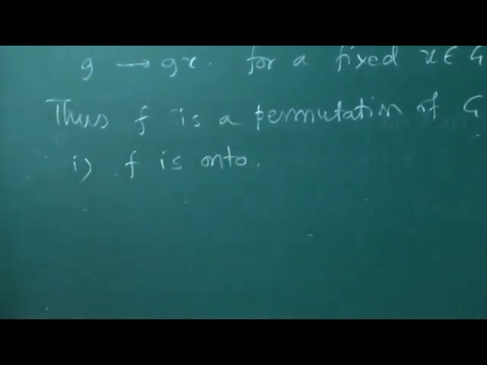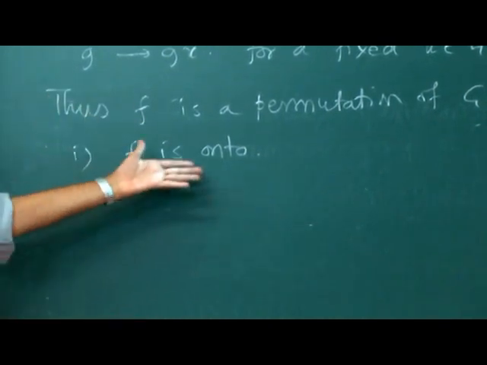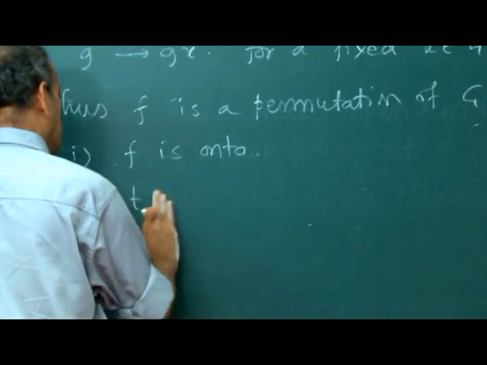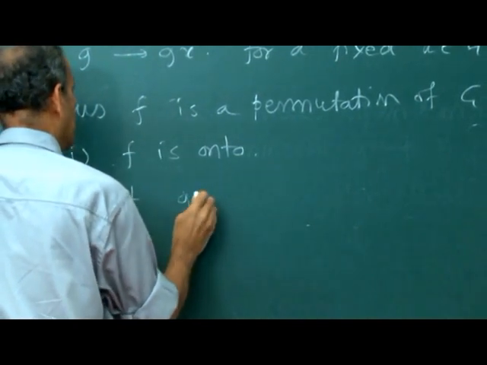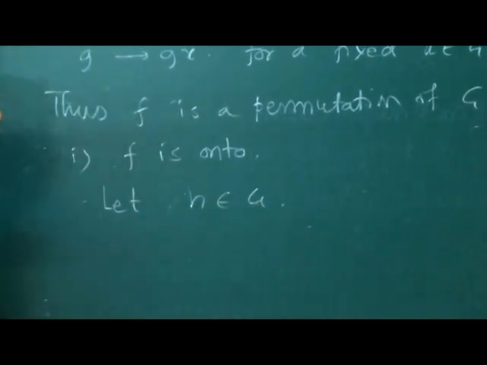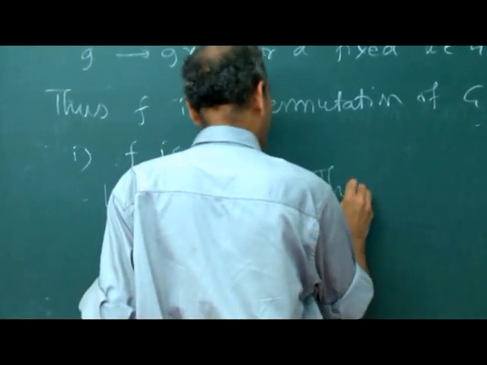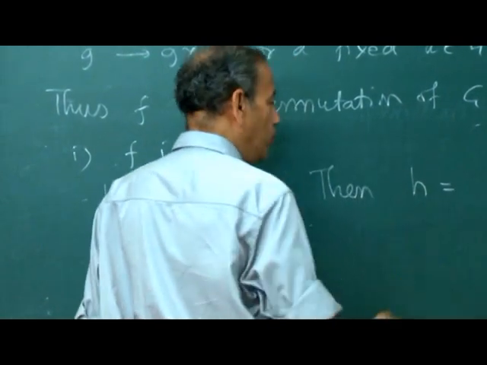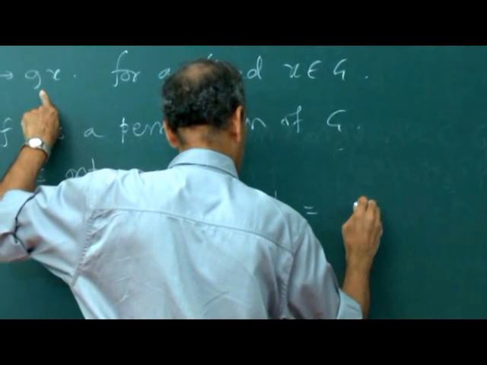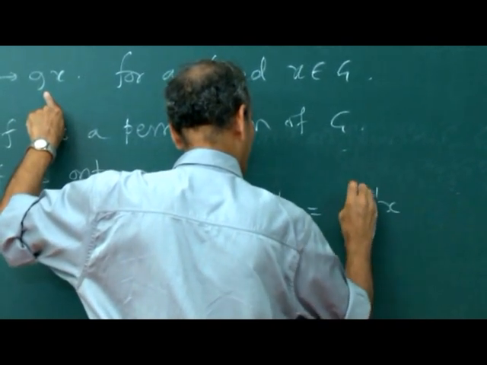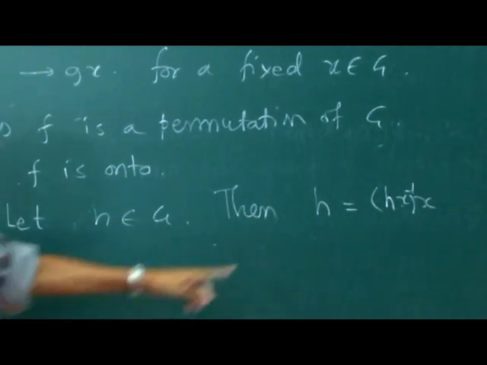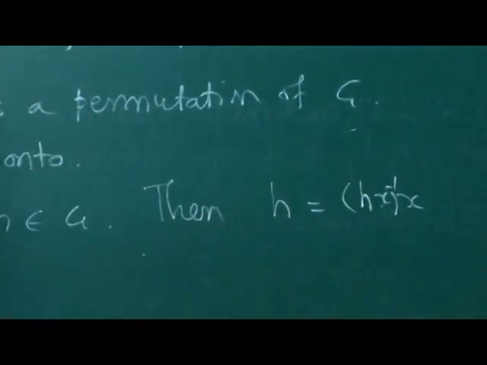So let h in G. Then I can write h equal to h x inverse x, because x inverse x cancels and you get h.